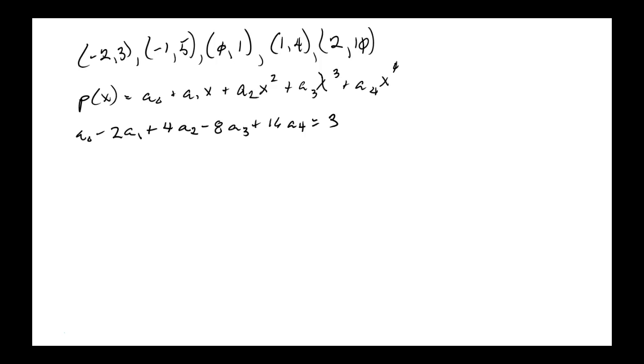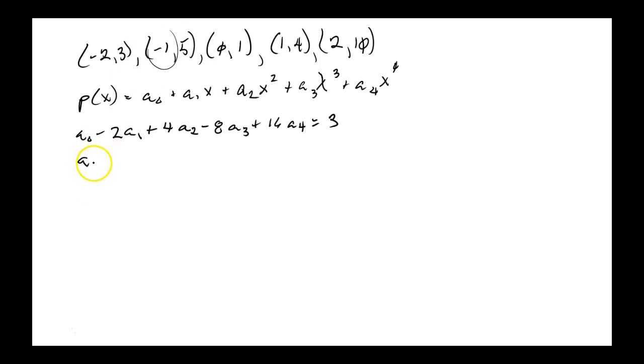And when you plug in the negative 2, you should get a 3, because negative 2, 3 is the point. This is your y value. The x's are your x values. Okay? So you tell me what the next one would be. What's that? Yeah, plug in the x.